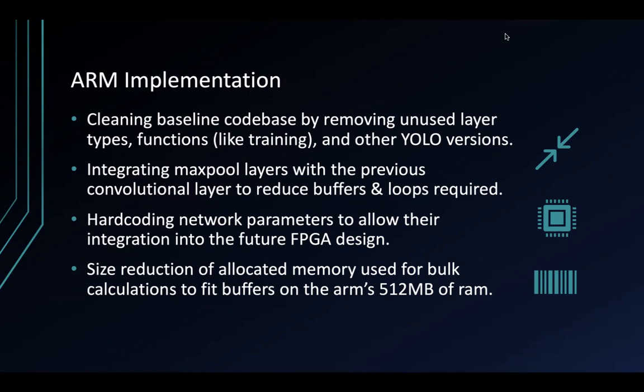This also involved removing many other functionalities, including being able to backtrack layers for training, as well as all other types of layers that we don't use, allowing this design to even be capable of running on the ARM CPU.